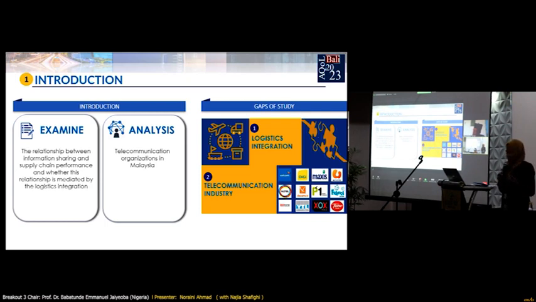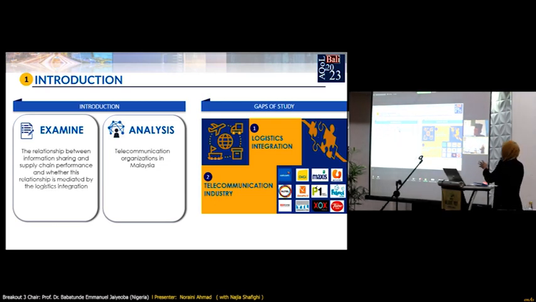And Laluani also discussed the importance of logistics integration in developing a reliable cycle. Why the telecommunication industry? If we look into supply chain management, most of the research is conducted in the manufacturing industry. Telecommunication industry is actually a service industry.